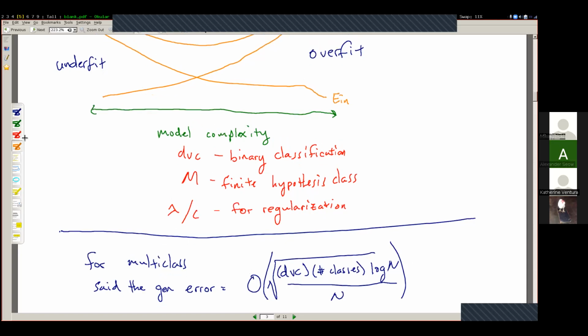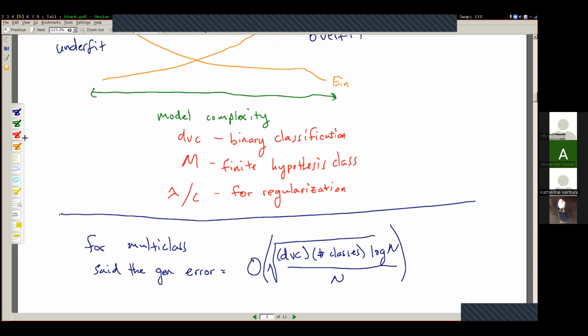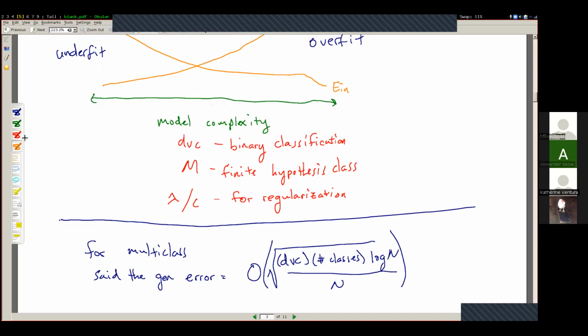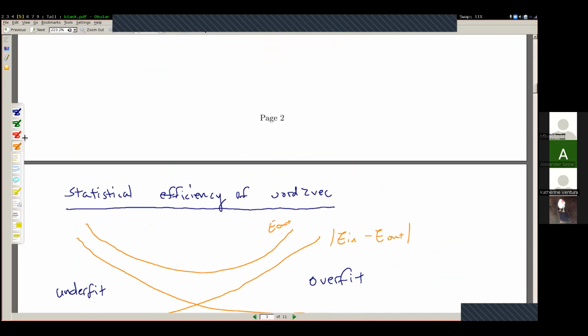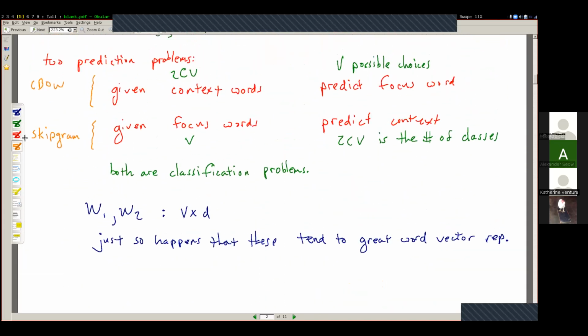If I scroll up to our skip-gram versus continuous bag of words over here, the VC dimension is basically the input dimension in this problem, this 2CV and V. These neural networks that we're learning turn out to be linear neural networks, so the important thing is the input dimension.